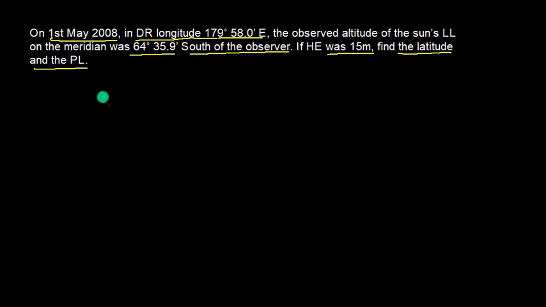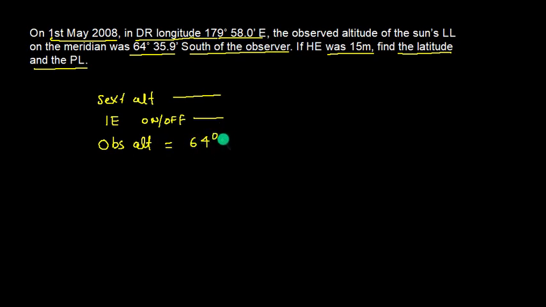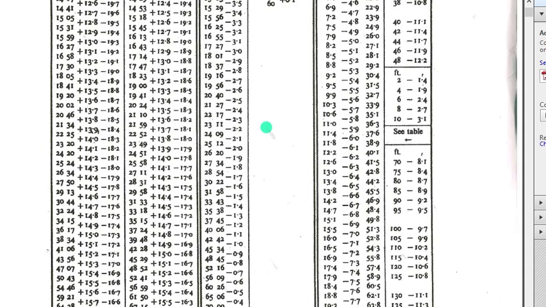Here sextant altitude is not given, and index error on the arc or off the arc is also not given. Directly you have the observed altitude, and that is given as 64 degrees 35.9 minutes. Now the height of eye is 15 meters. So I go to this almanac, and this is the column for height of eye.